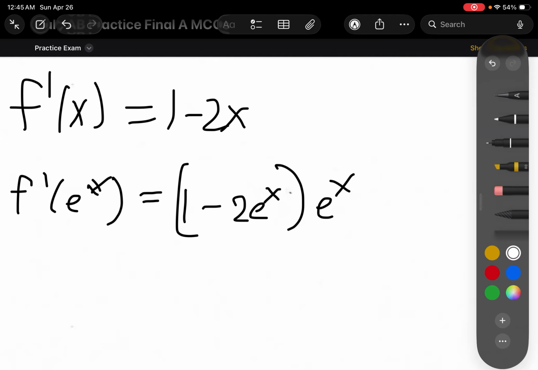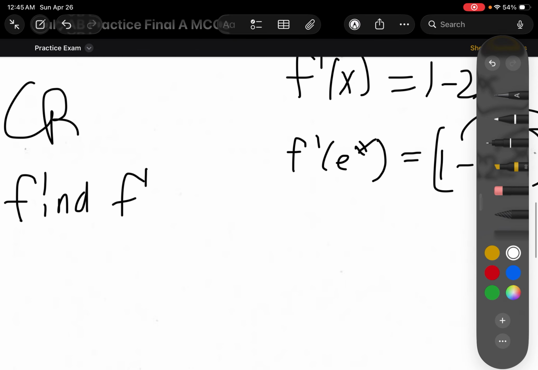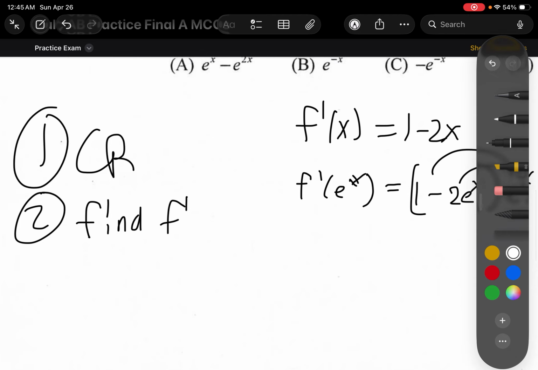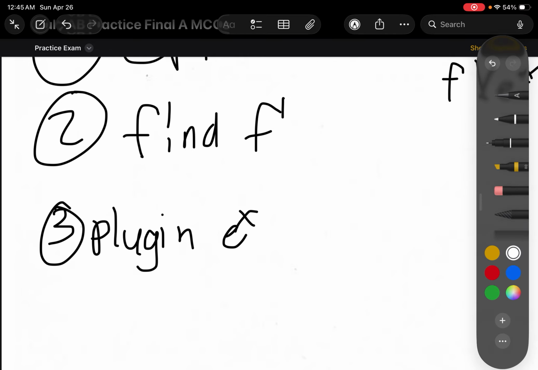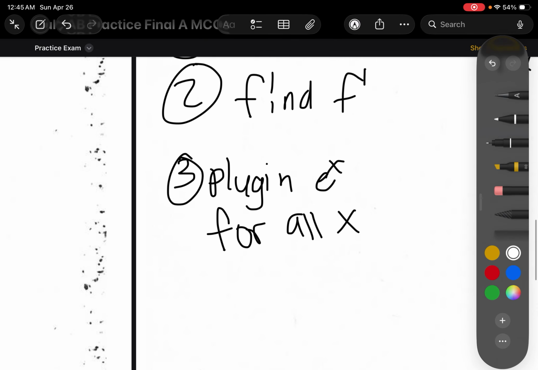So step 2, we're going to factor that inside. Step 3, plug in e to the x for all x. Okay? And then step 4, factor and simplify.